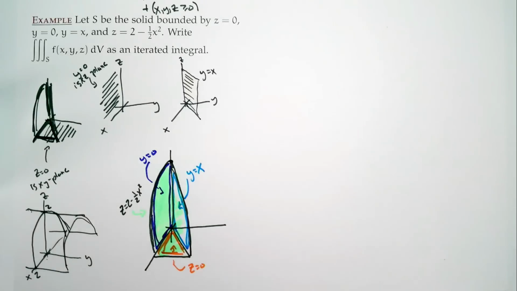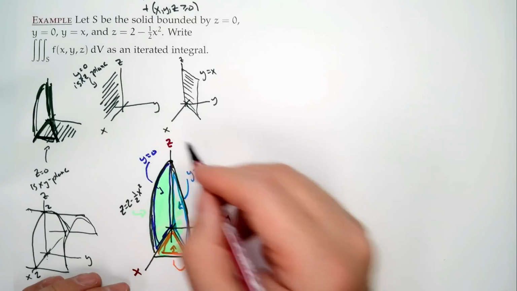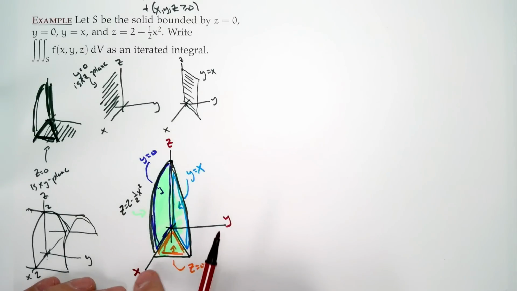Okay, well from here, we can start to understand what's going on. Now, if we wanted to get a full picture, the other thing to do is to look down our axes. So we have three different axes, our x, y, and z. So let's look down the x-axis.